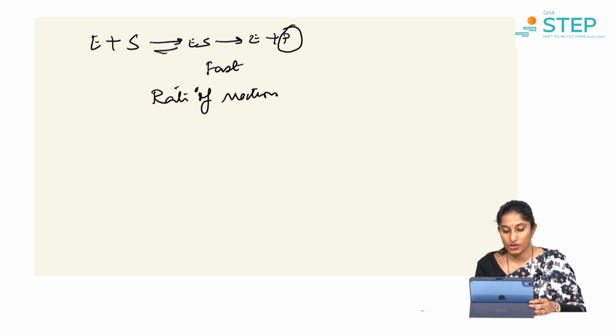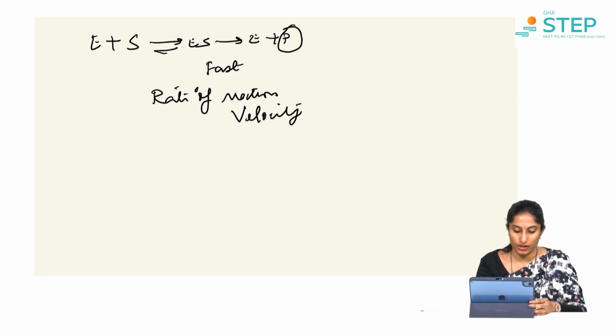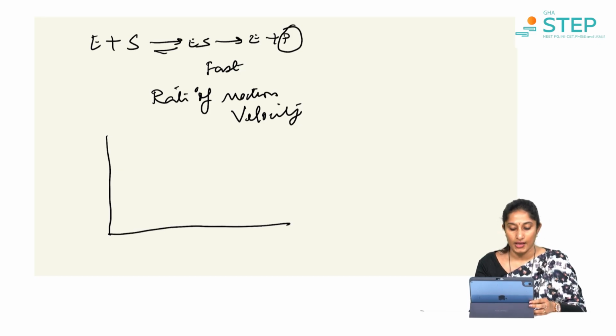Rate of reaction. When we say rate, we always talk about the velocity. If I were to plot a graph like this, this is the x-axis, this is the y-axis. What comes in the x-axis is the substrate, and what comes in the y-axis is the velocity.